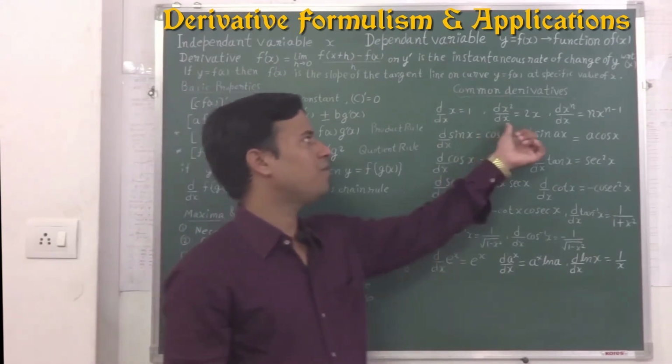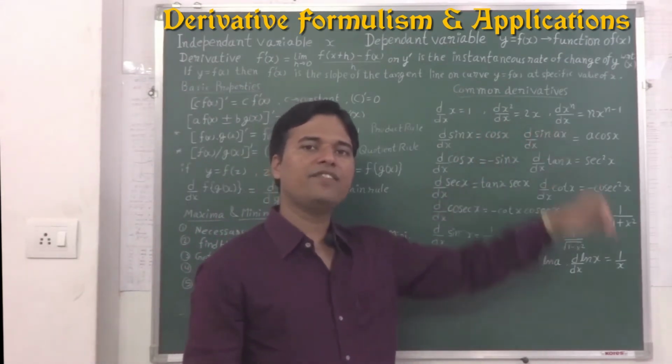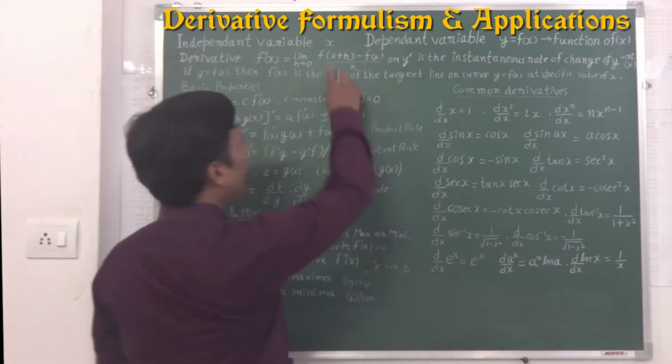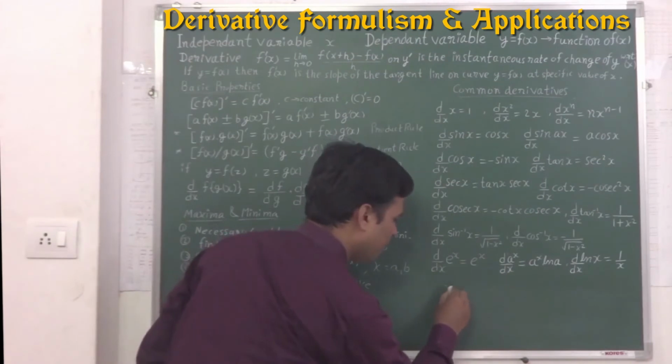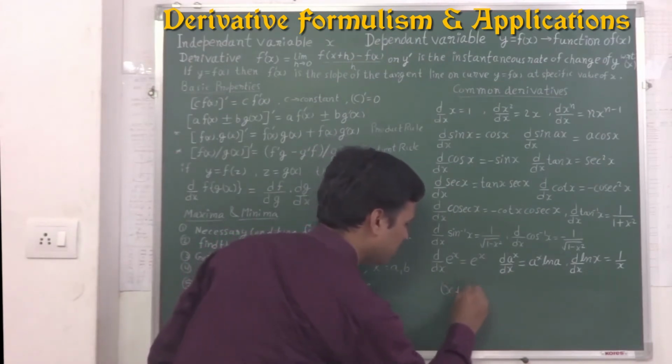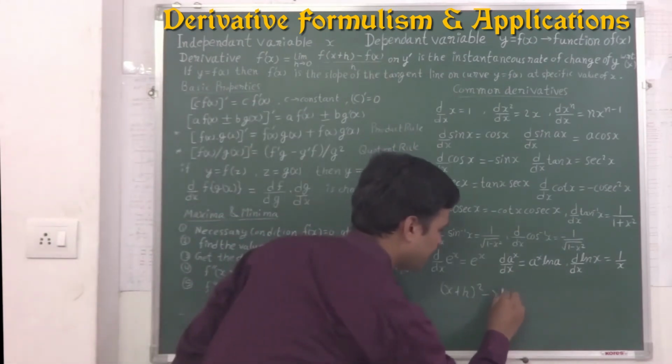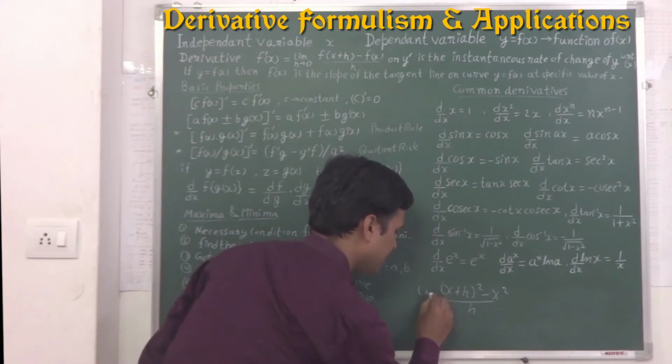Dear students, if we want to find the first derivative of x square, in that condition f of x plus h is x plus h square, minus f(x), that is x square, upon h, and the limit is h tends to 0.